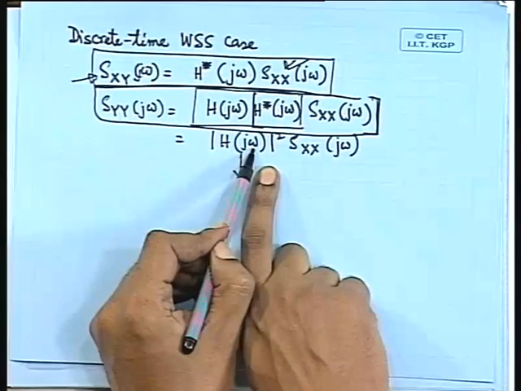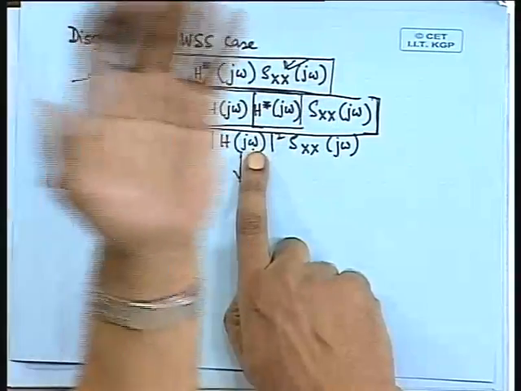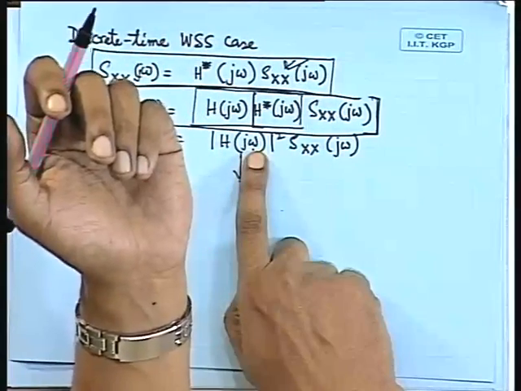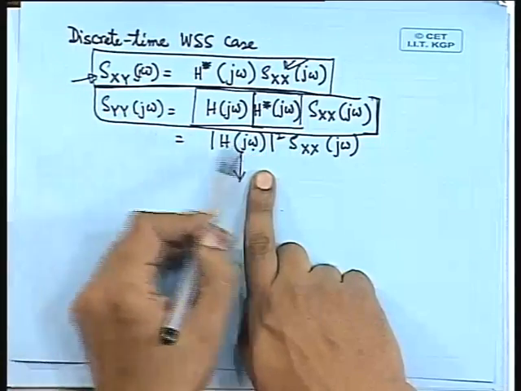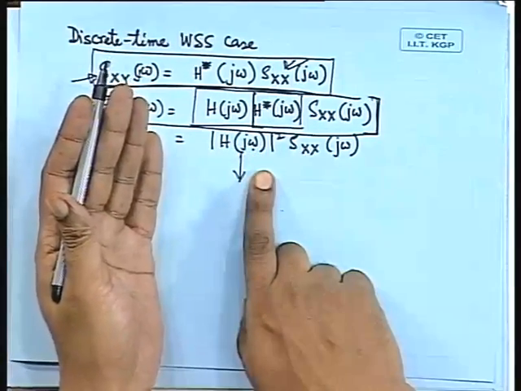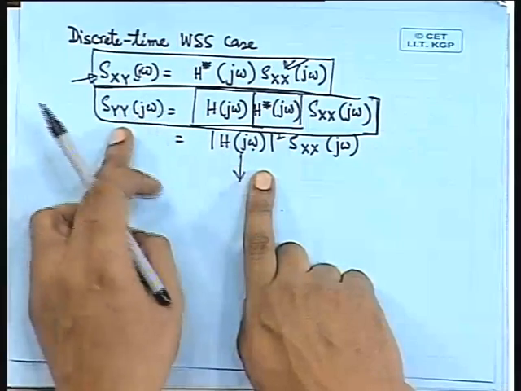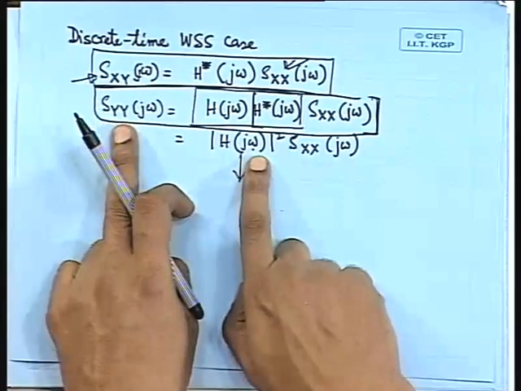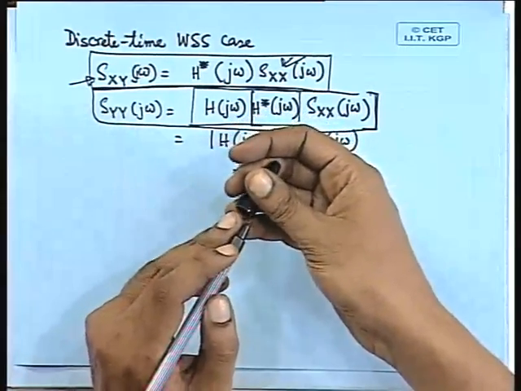So at high frequencies this magnitude is going to be low, and at low frequencies this magnitude will probably approach 1, or if you have an amplifier it may be even more than 1. So for our low pass filter, intuition is satisfied by this formula. At low frequencies there is a lot of power, and at high frequencies there is less power.